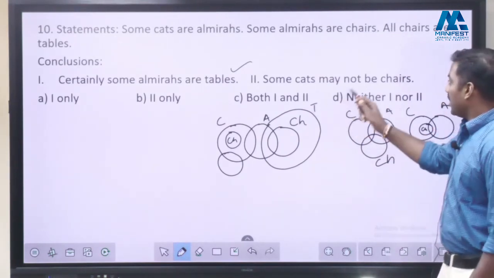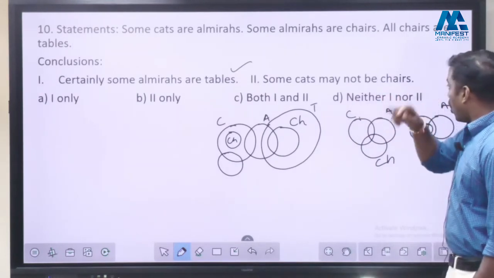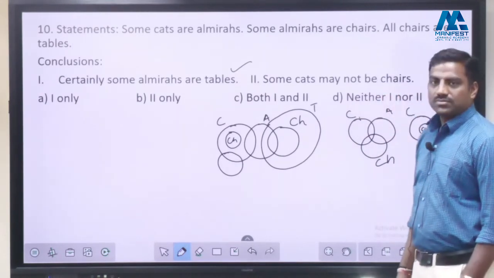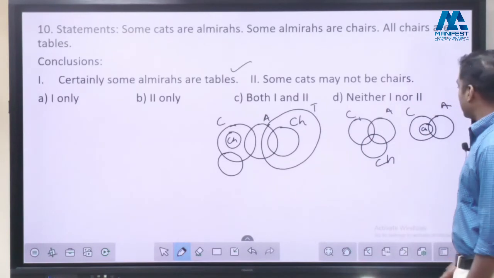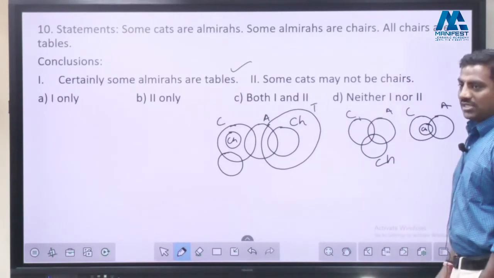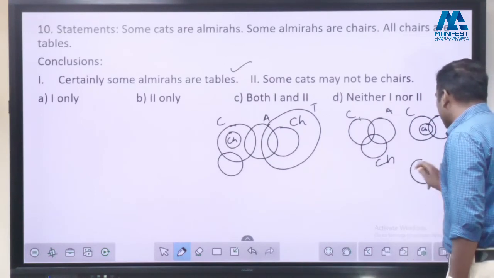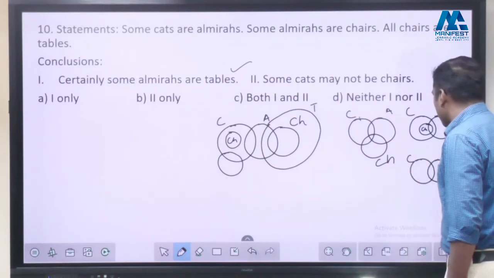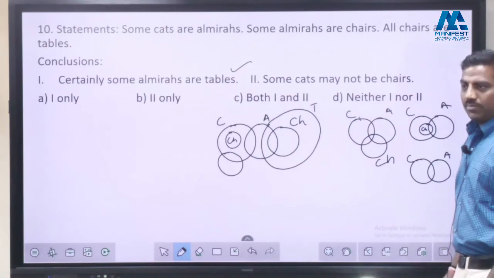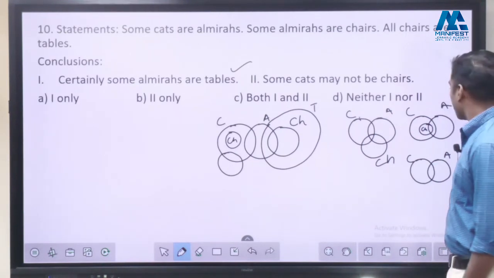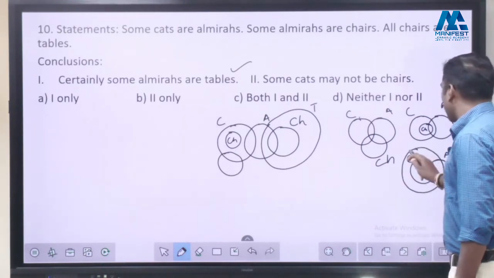But now see, some cats may not be chairs. What if I draw this diagram? C and A here only. Now chairs. Can I draw this?